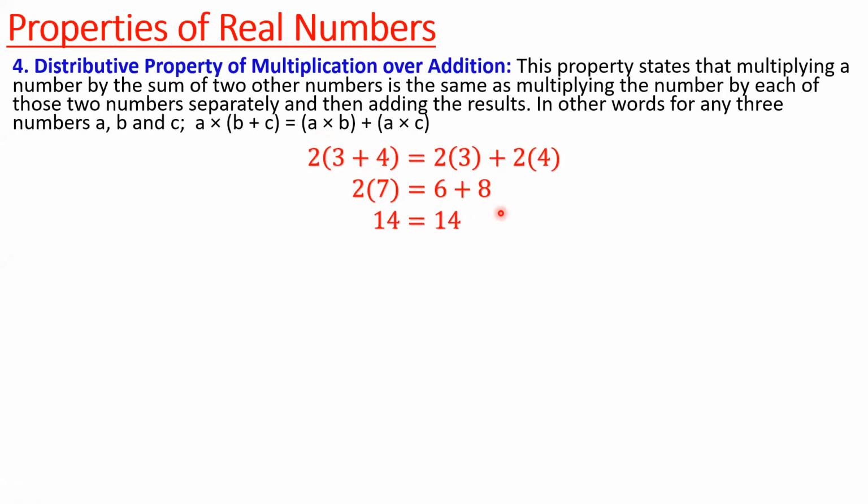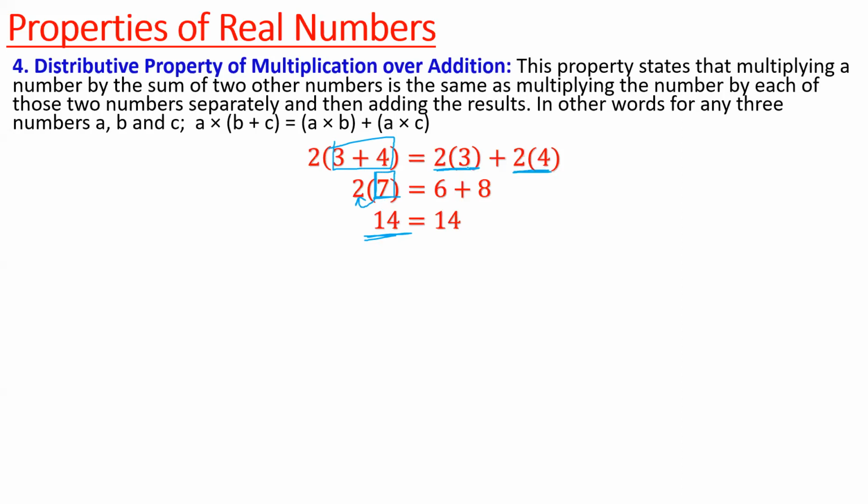Okay. So what the rule is saying is that we can add the 3 and the 4 first. When we add 3 plus 4, we get 7, right? And then we could take the 7 and multiply it by 2, and we get 14, right? Good. Or we can say 2 multiplied by 3, and then 2 multiplied by 4.